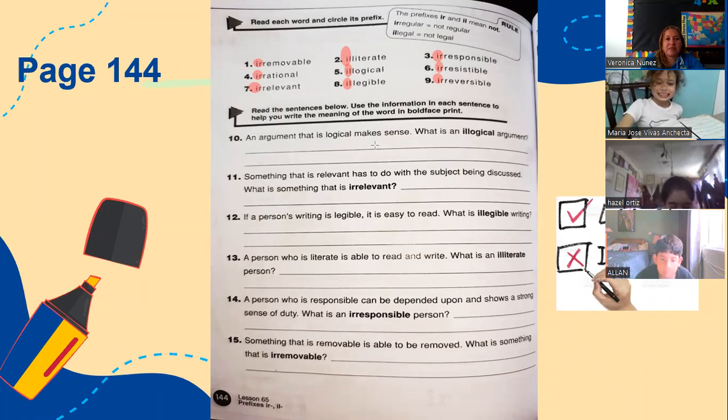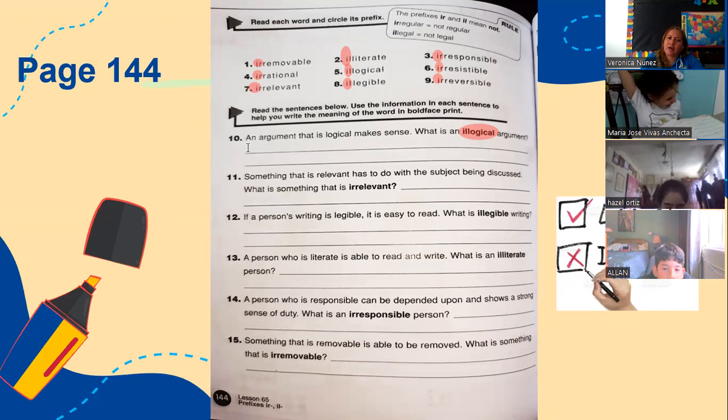Using the information in each sentence, we're gonna write the meaning of the word in bold-faced print. Bold-faced is the word that is blacker than the other ones, illogical. So what does illogical mean? The sentence is, an argument that is logical makes sense.